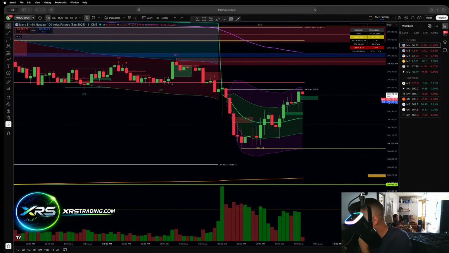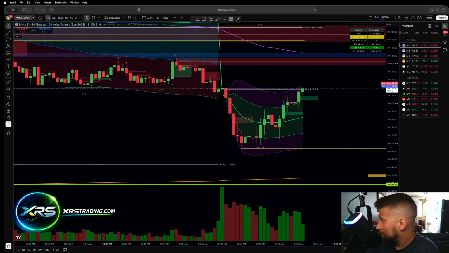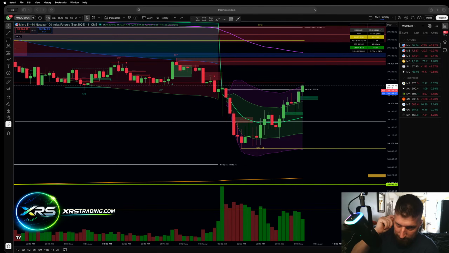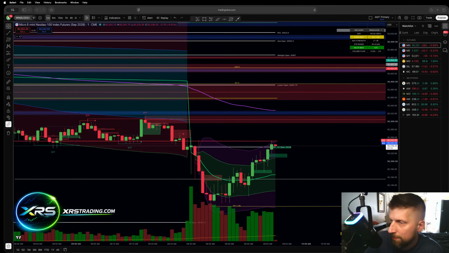The gold level there. Coming up to value area low. Should be a pretty meaningful decision point.